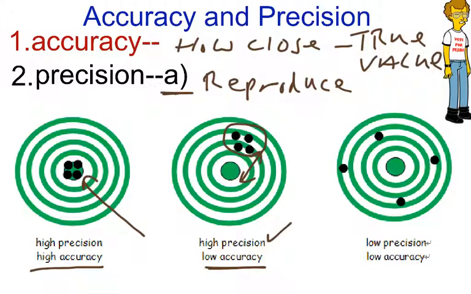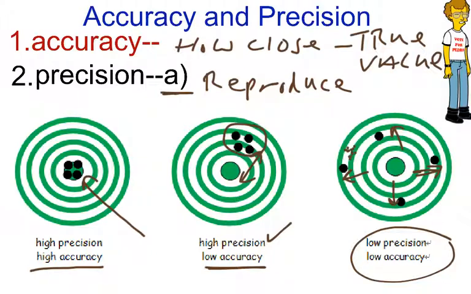Now, in the third example, you notice that you're neither accurate nor precise. You're away from the true value, or the bullseye. So that's low accuracy. And you're not reproducing your shots at a certain point, so that's low precision. So you're low in both cases.